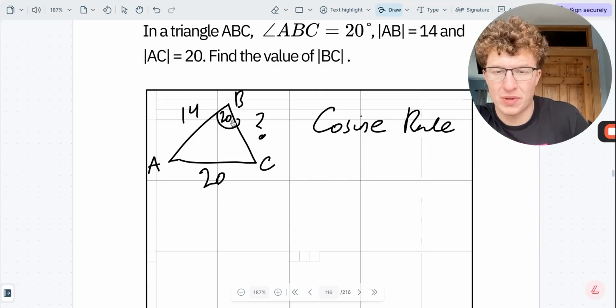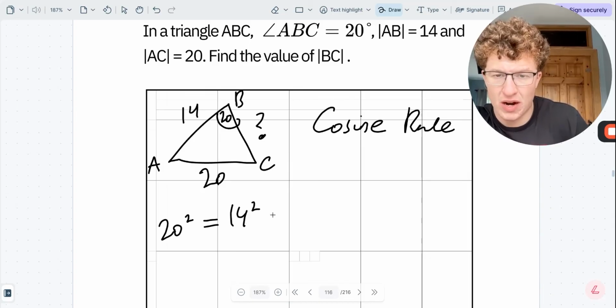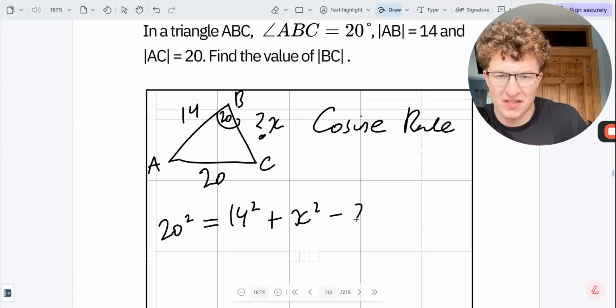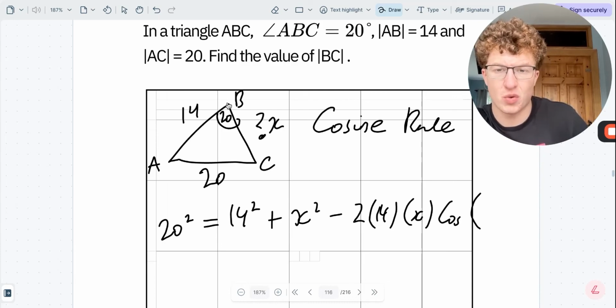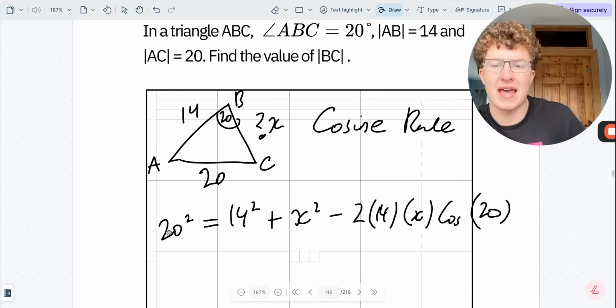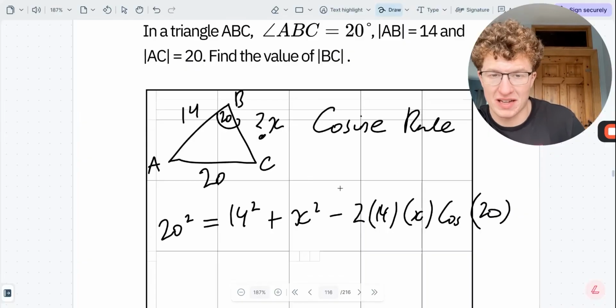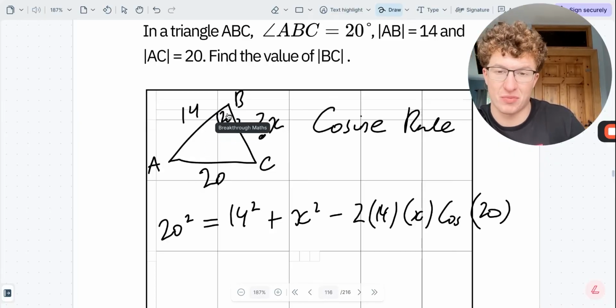Now, what are we going to do? 20 squared is equal to 14 squared plus, I'm going to call this side length here x, plus x squared minus 2 times 14 times x times the cosine of 20. Remember, A here is down here. We're talking about the angle opposite it, which is 20.